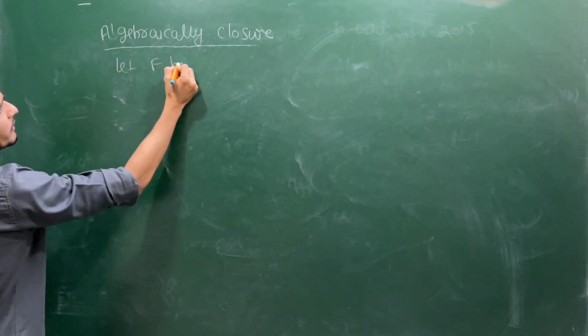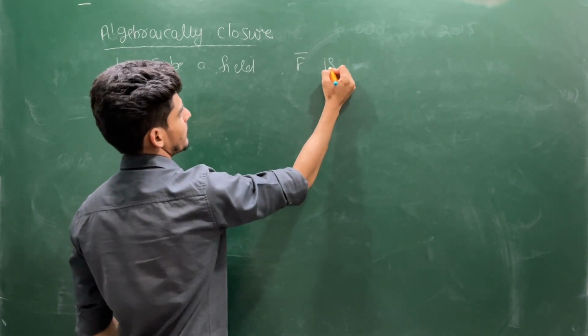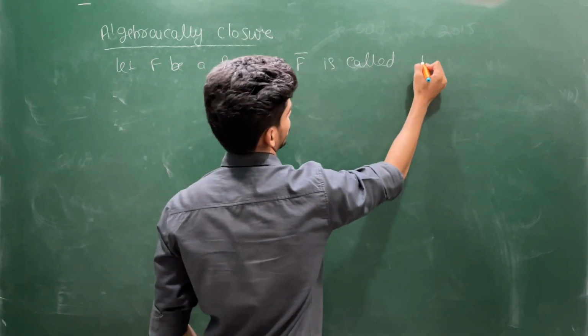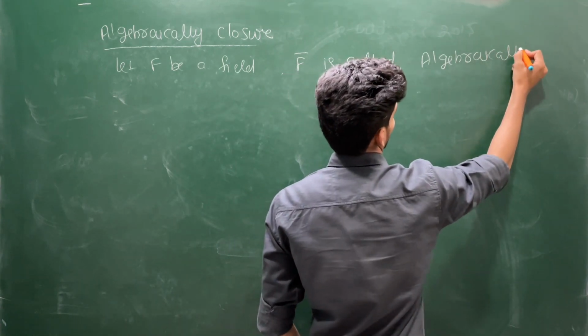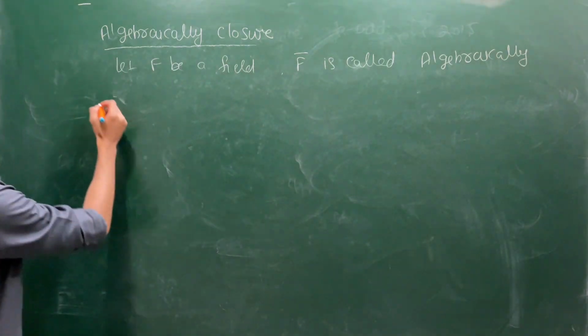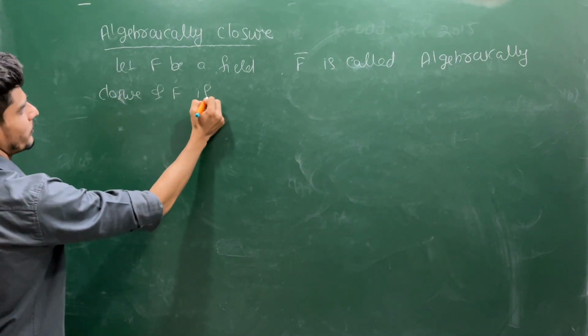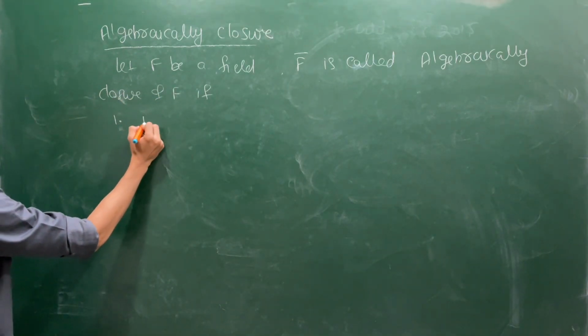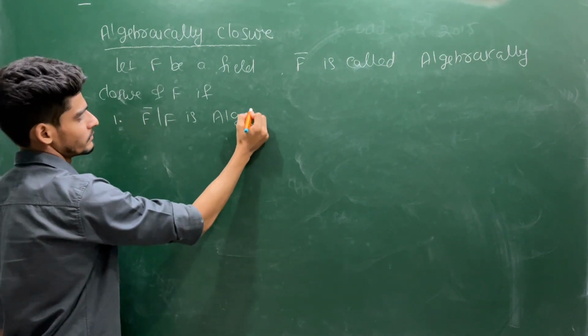Let F be a field. F bar is called the algebraic closure of F if number 1, F bar over F is an algebraic extension.